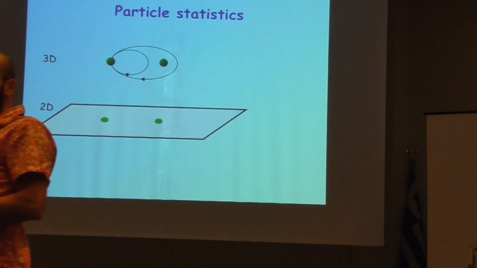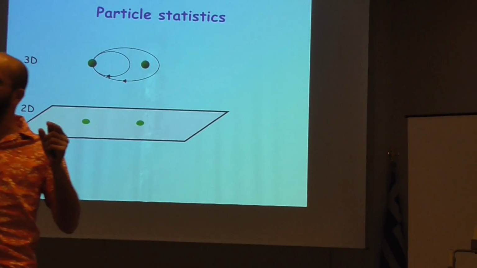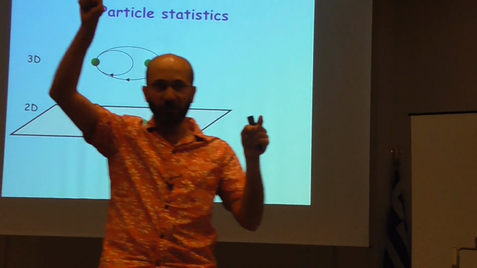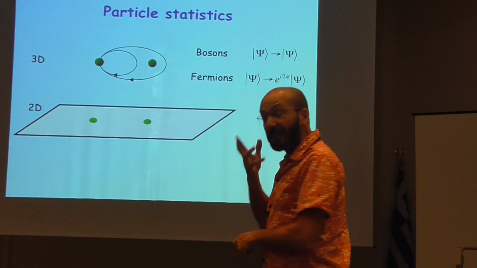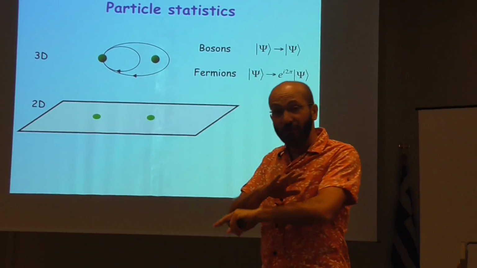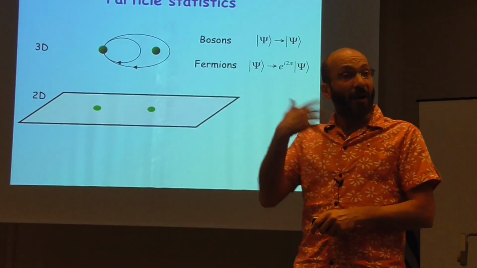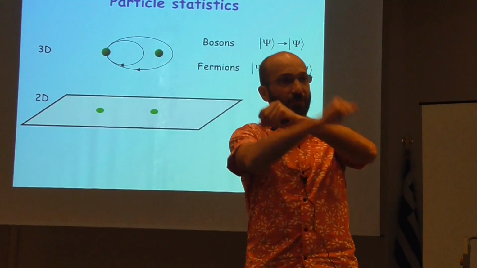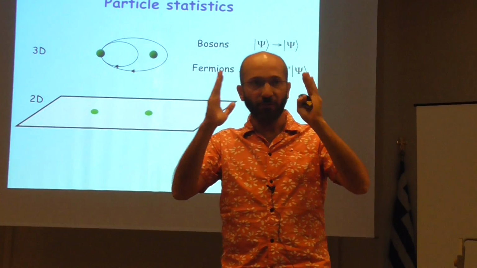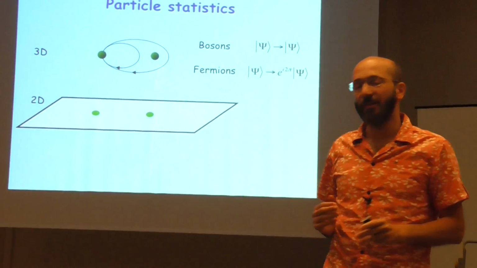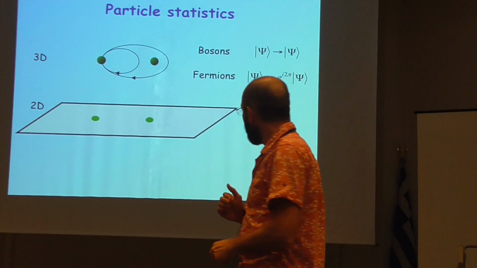So necessarily, the final wave function that I want to calculate has to be equal to the initial wave function. And so I have 2 options: bosons, where the wave function didn't change at all, or fermions, where I get -1 from one exchange and another -1 from the other exchange. So the eventual wave function has to be the same. So here are the fermionic and bosonic statistics in 3 dimensions.